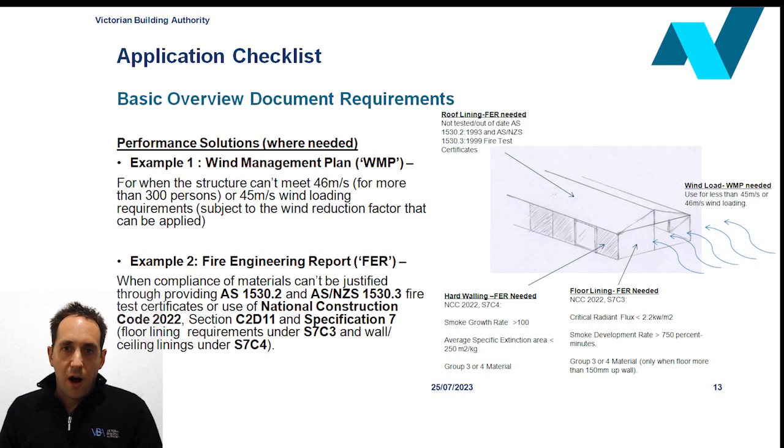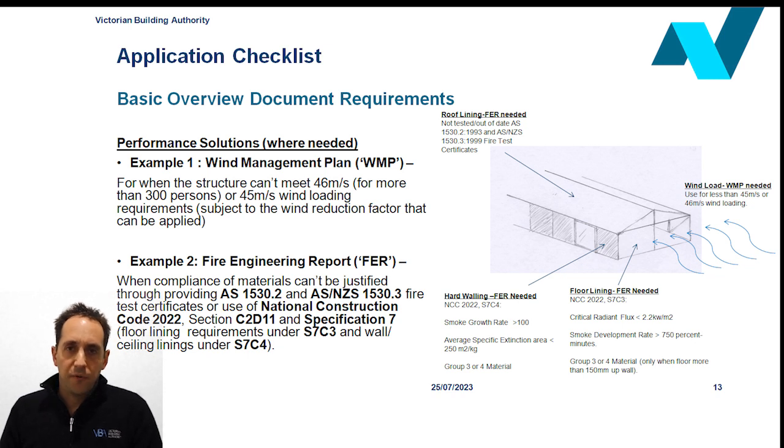One of the most common items that are missed in submissions is often the performance solution. This is required when the structure can't meet the deemed-to-satisfy provisions of the Temporary Structure Standard 2015 or the National Construction Code 2022.